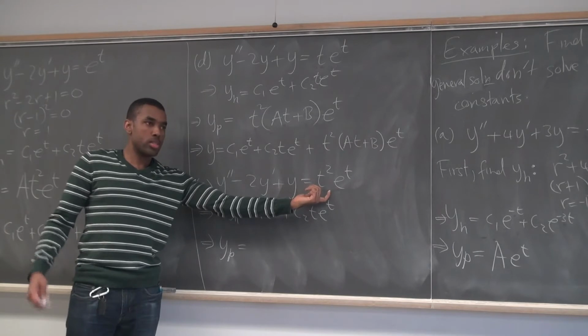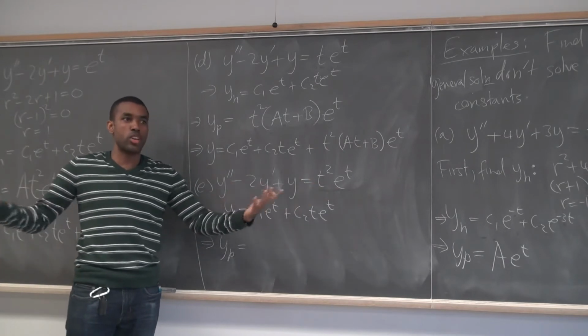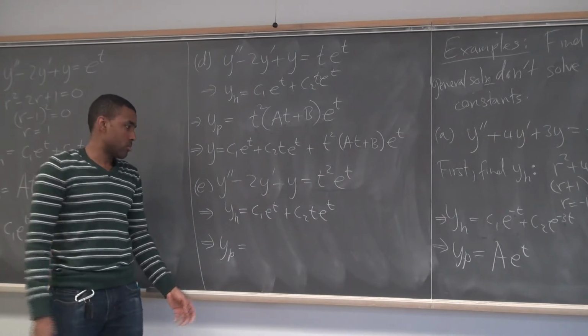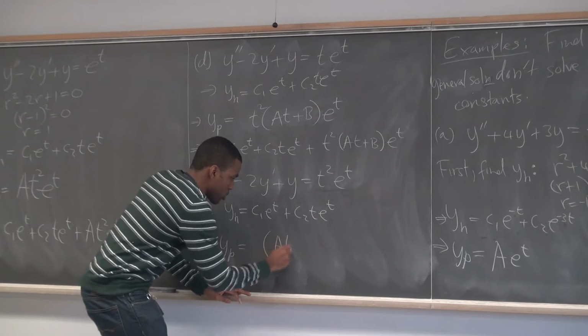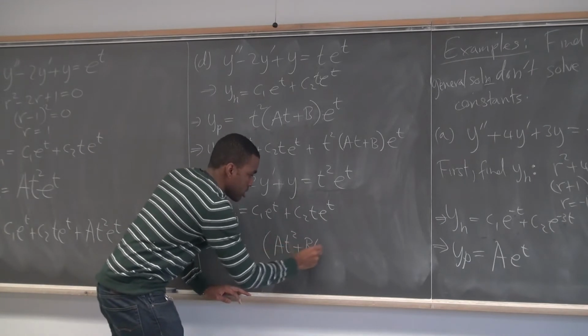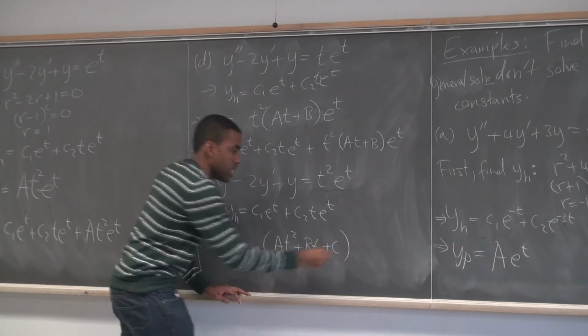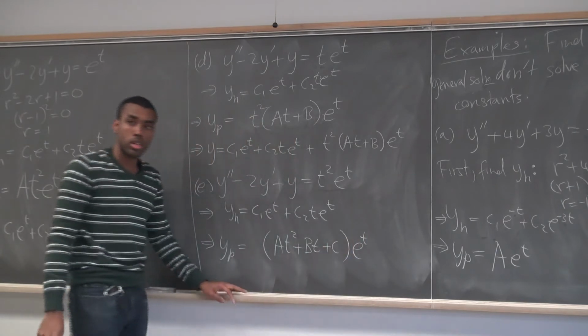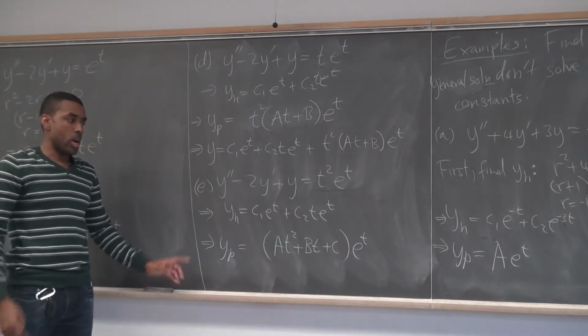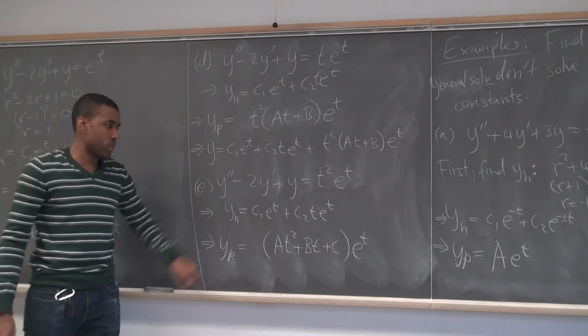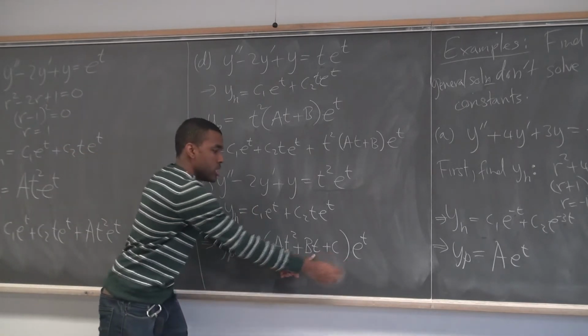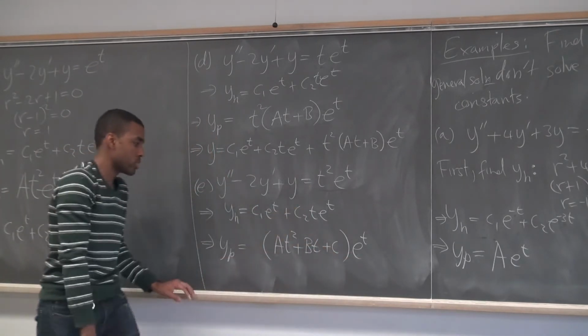So we look at this t squared, it's like a quadratic. What is the general form of a quadratic? At squared plus bt plus c times e to the t. And now we do our check. Does anyone here look like anyone there? Yes, the t e to the t, and we have a constant e to the t. It looks like those guys.